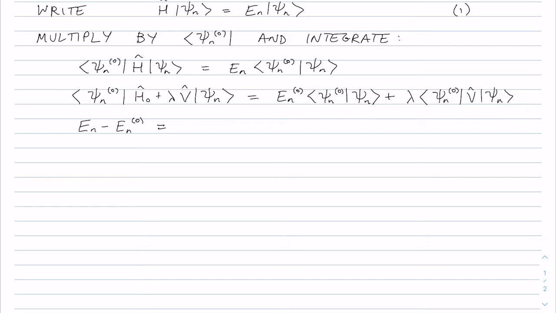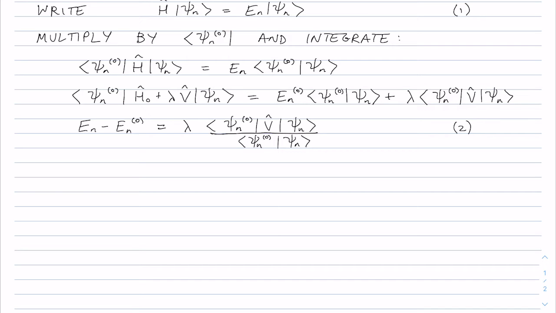And I get lambda psi n 0 V psi n over psi n 0 psi n. And this is equation 2 that I'm going to need later. So this equation is exact. I have not made any approximations so far.